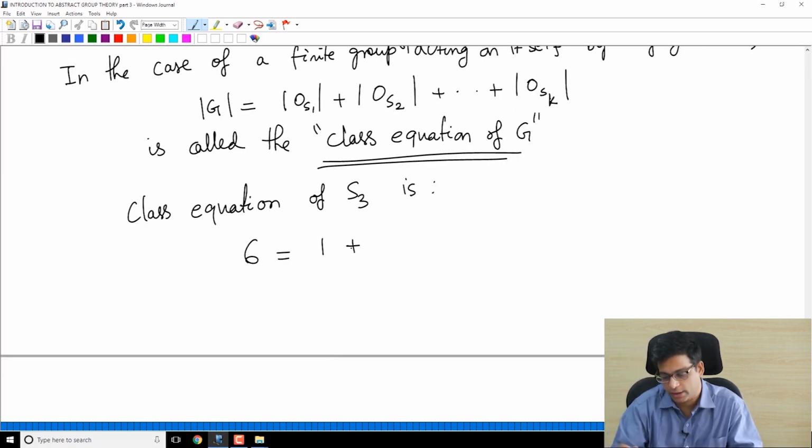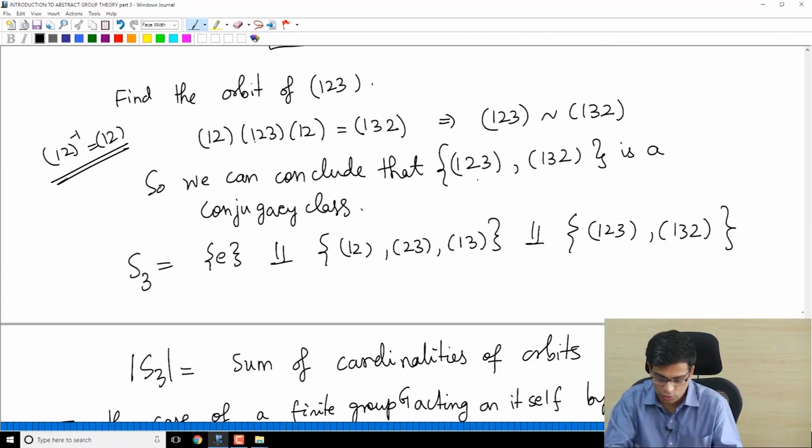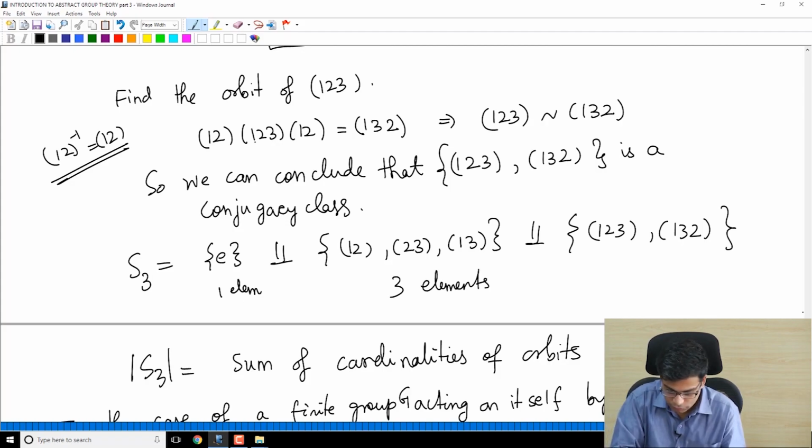One orbit is just containing identity, that's 1, the other orbit contains all 2-cycles, there are 3 of them, and the final orbit contains the 3-cycles. So this is 1 element, this is 3 elements, 2 elements: 6 = 1 + 3 + 2.